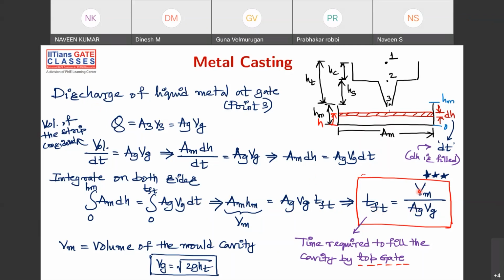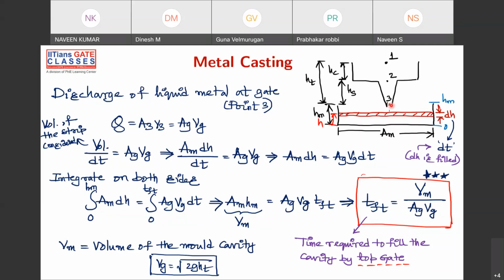The time of filling for the top gating system is equal to the volume of the mold divided by the area of ingate. Where is the ingate? The ingate is the point at which the liquid metal enters the mold cavity. So this area, the bottom of the sprue, if you are considering it a top gating system, is the area of ingate.